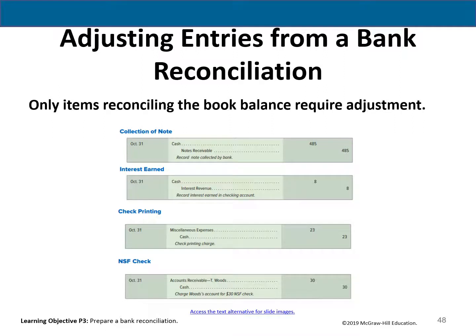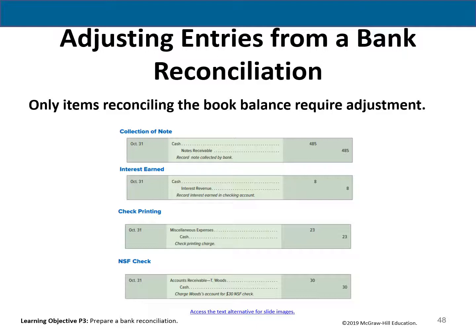So we're going to debit cash for $485, credit notes receivable, because that person paid us. For the interest earned, we're going to debit cash, credit interest revenue for $8. For the check printing, we could debit office expense or miscellaneous expense and credit cash.